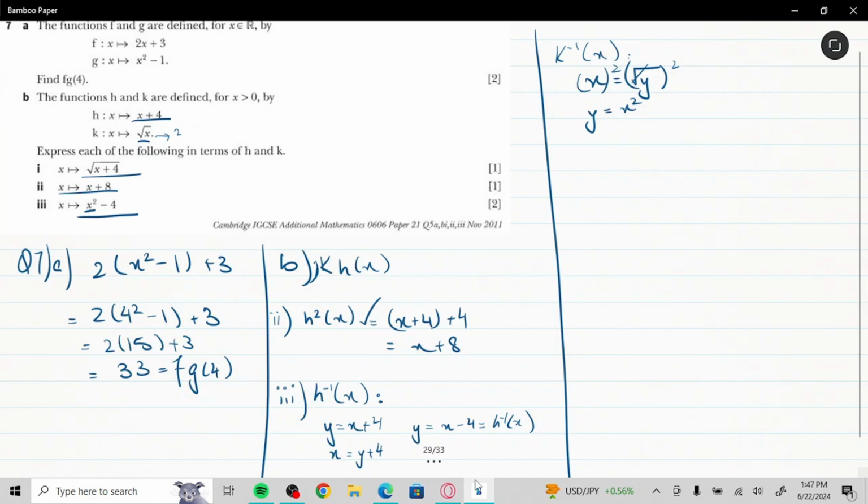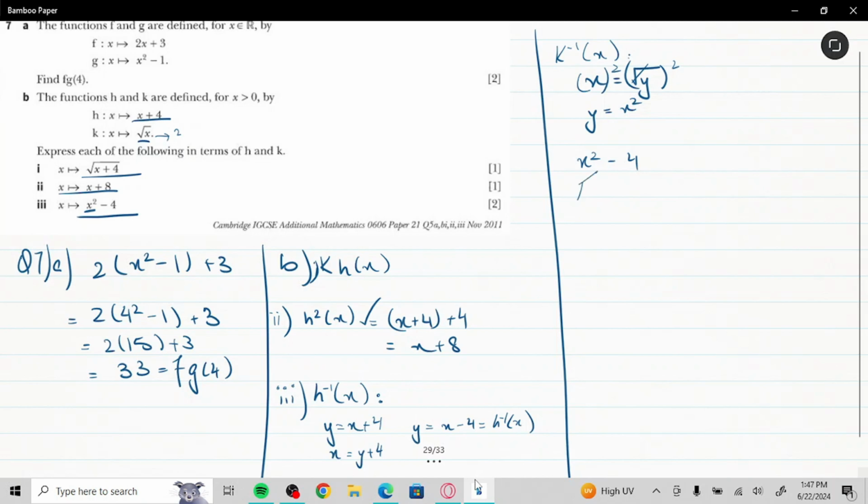So the thing is, what can we do? We can say that if we input the inverse of the value of h into the inverse of the value of k, I'm sorry, if we input the inverse of k into the inverse of h, what are we going to get? We are going to get x squared minus 4.